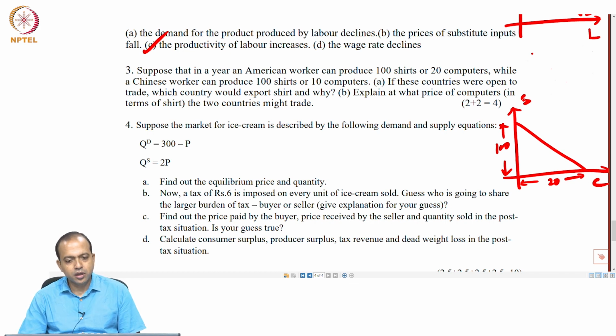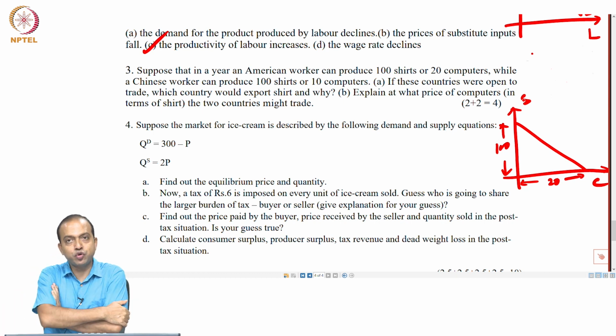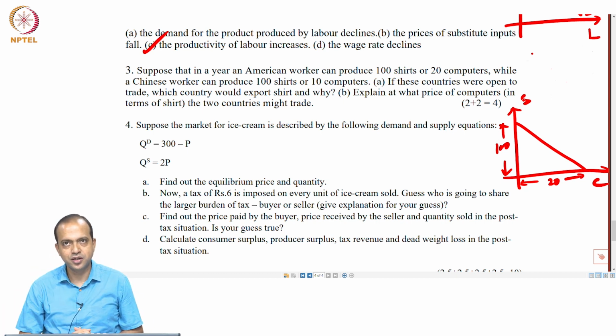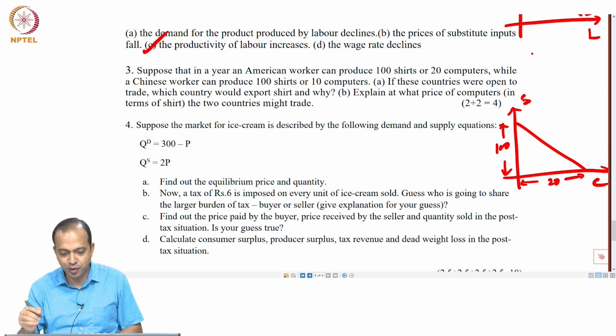So, if 100 certs are sacrificed, then America will get 20 computers. Or alternatively, to produce 100 certs, America is sacrificing 20 computers. That is why this is the PPF of America.